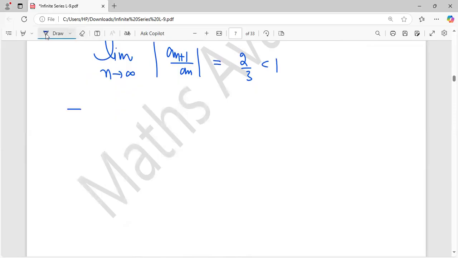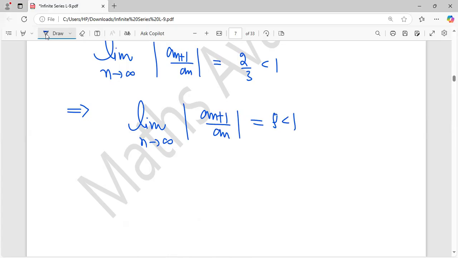So this implies limit n tending to infinity a_{n+1} upon a_n, that is rho, is less than 1.